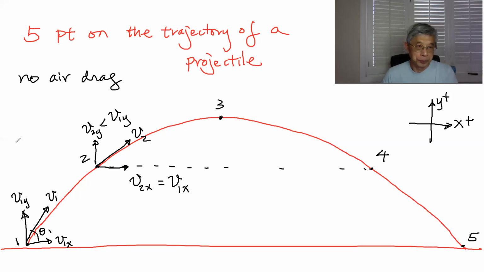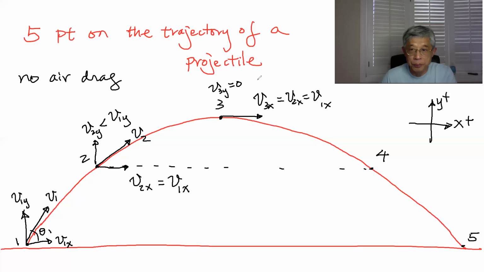There's no air drag, but due to gravity, right? And here V3y will be 0. V3x is equal to V2x, equal to V1x, right? So V3y is equal to 0.